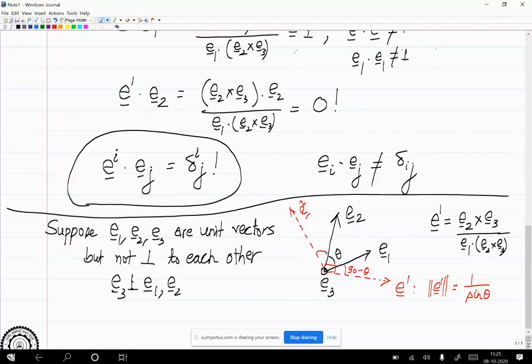Again, this angle is 90 minus theta, and the magnitude of E super 2 is also 1 by sine theta. And you'll also see that E super 3 is simply equal to E sub 3. Okay, I hope you are with me here.